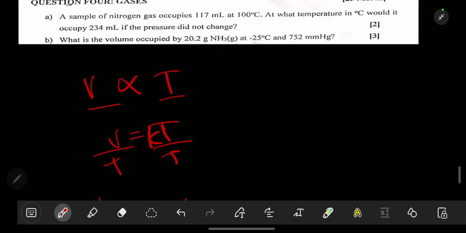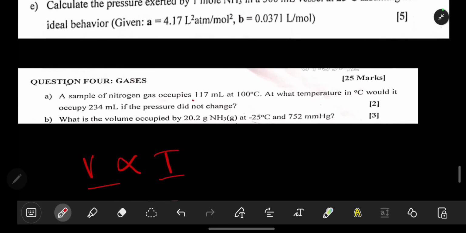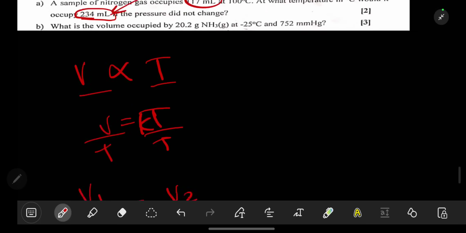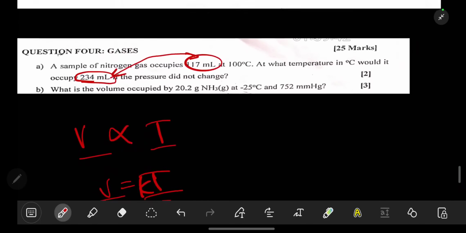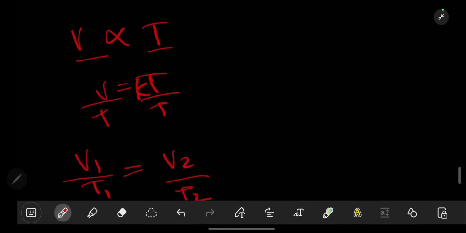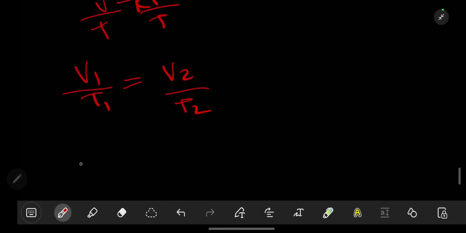So the volume number 1 in this case is equivalent to this. We are told, at what temperature in degrees Celsius would it occupy 234. If the volumes are in the same units, you can use them like that. It will give you the same correct answer. So now let's convert this temperature to Kelvin. According to Charles' law, the temperature always has to be in absolute temperature, which is in kelvins.